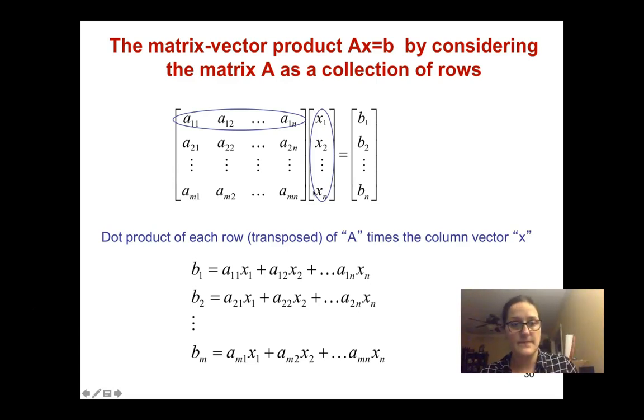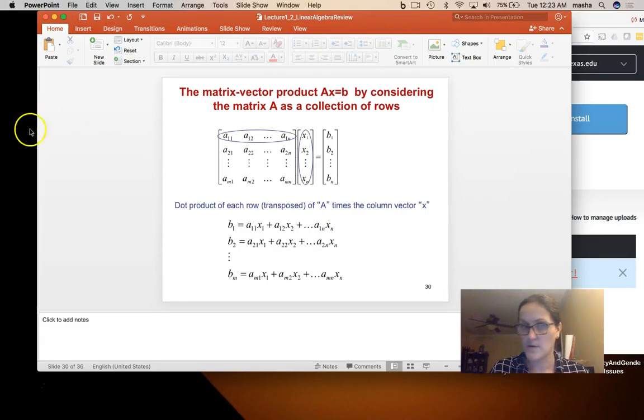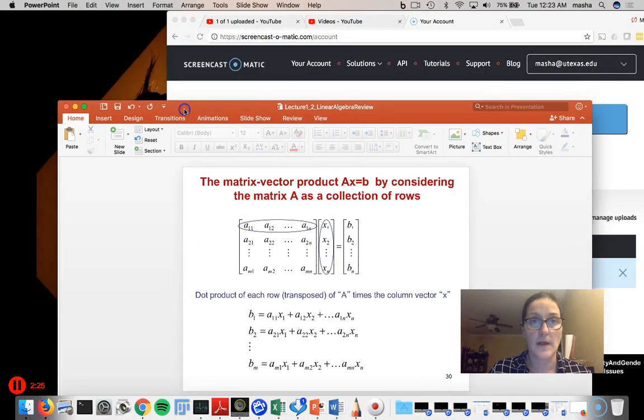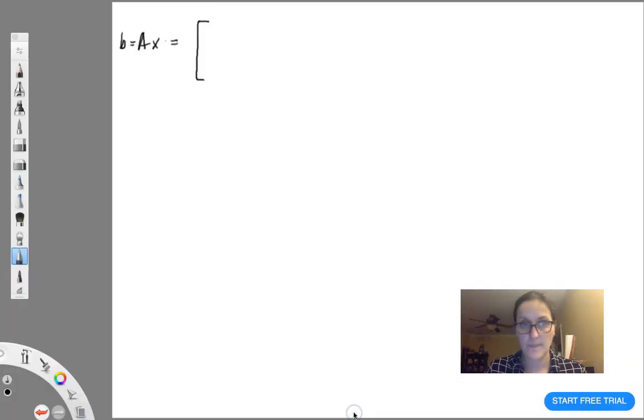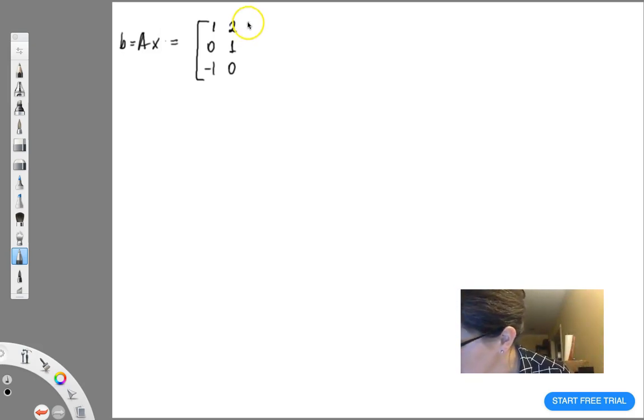Let's do an example, and that will conclude our online video. I already started writing here, so let's say that b is equal to Ax, and I'm going to give myself an A. Let's also work with 3 by 2 like we had before, so let's say 1, 2, and I'm forgetting what the first one was, I'm just going to come up with 0, 1, -1, 0 as a matrix. I'm going to throw in zeros so it's easier to do things for me.